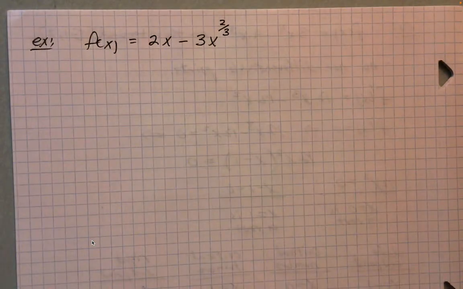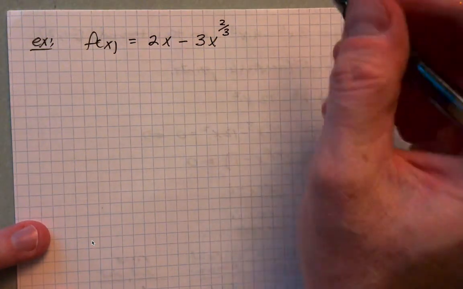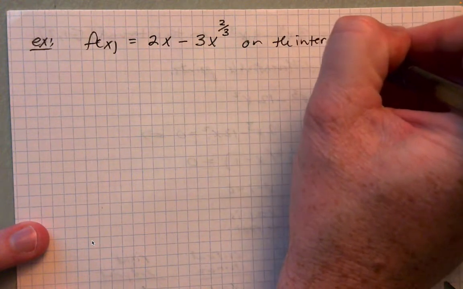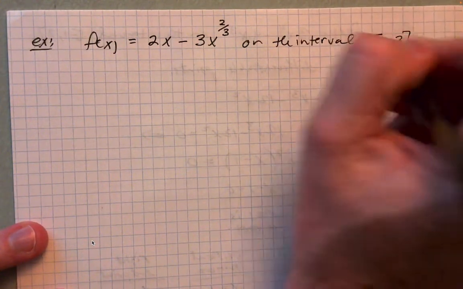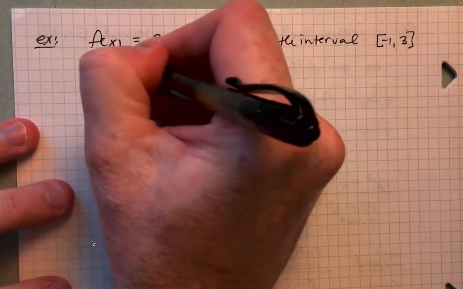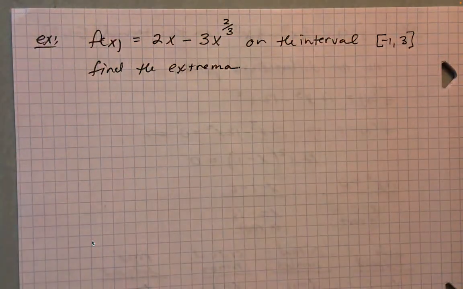And again, we're looking for mins and max on the interval negative 1, 3. Okay, so you've got this interval, negative 1, 3, and this function, and our task is to find the extrema, so the extreme points. Okay, well, we're going to follow the same procedure as the last one.